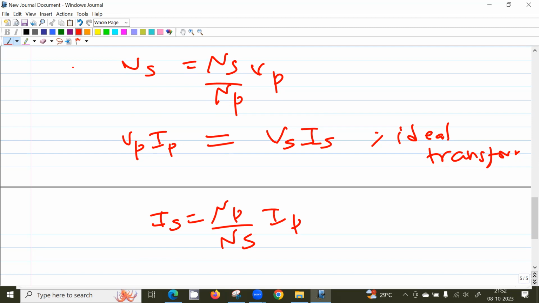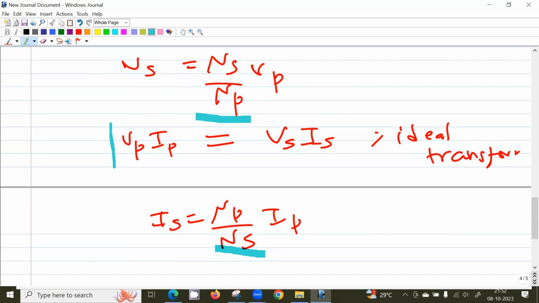So we can see if the voltage is getting stepped up, if NS is greater than NP, the current will get stepped down, so that the product of voltage and current is same on both the sides.